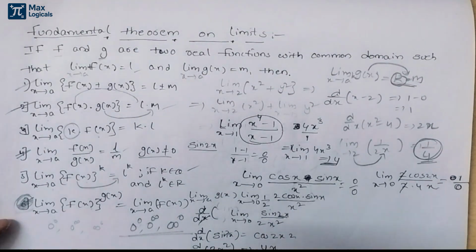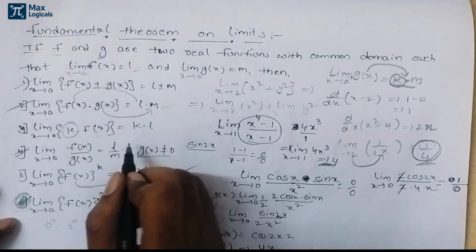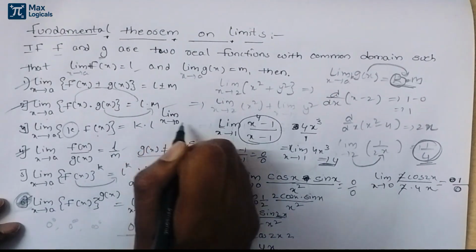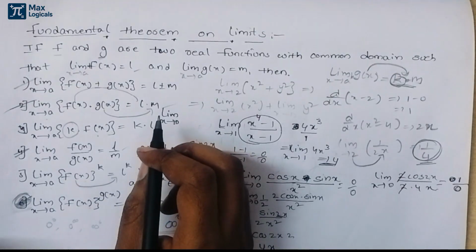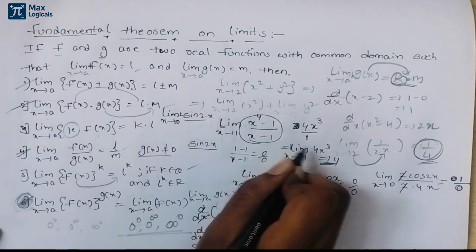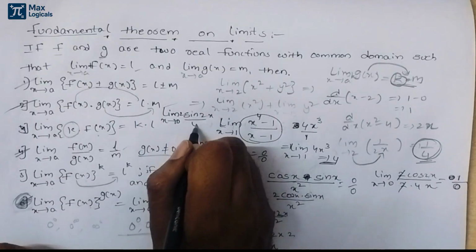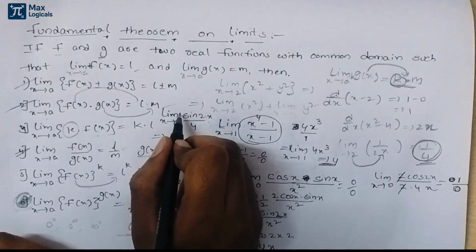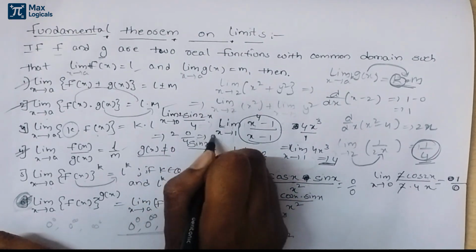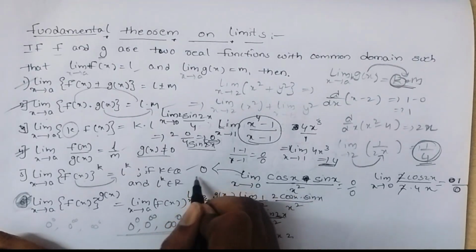The differentiation of cos 2x is minus 2 sin 2x, and the differentiation of 4x is 4. That equals 2 sin 2x by 4, with x equal to 0, and 0 by anything is 0. So the limit of this function is 0.